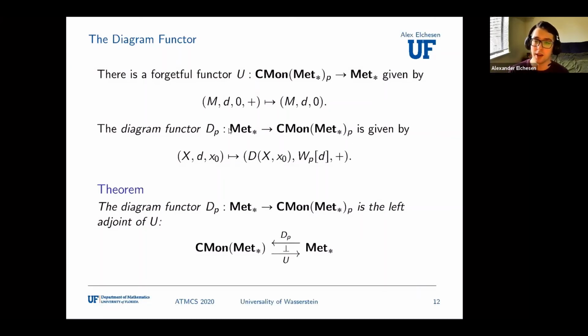Going the other way, we have this diagram functor, which takes a pointed metric space and sends it to the space of diagrams with the p-Wasserstein distance. And the theorem, which is completely equivalent to the universal property I said before, is that D_P is the left adjoint of this forgetful functor. So we have this adjunction, and this is a very concise way of stating the universal property.